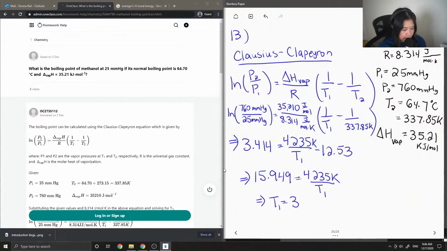And you should get T1 equal to 365.5 Kelvin.